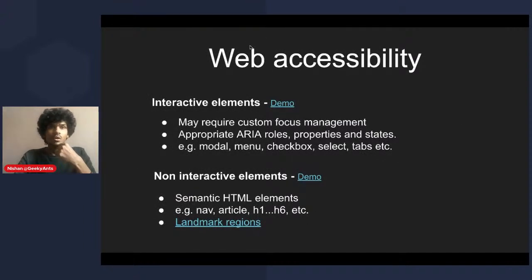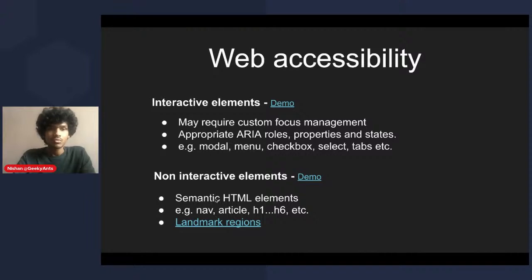Okay, so let's talk about web accessibility. We can separate elements into two categories. One is interactive elements, which you can consider as modal, menu, checkbox, form elements, and non-interactive elements.